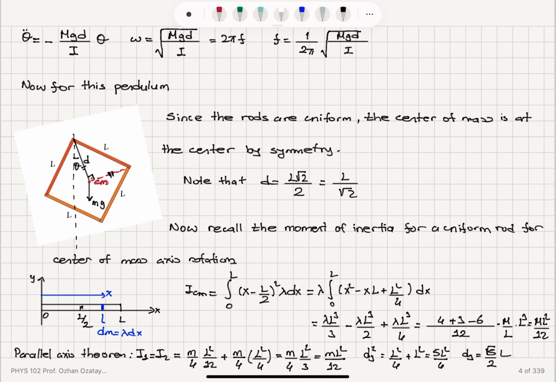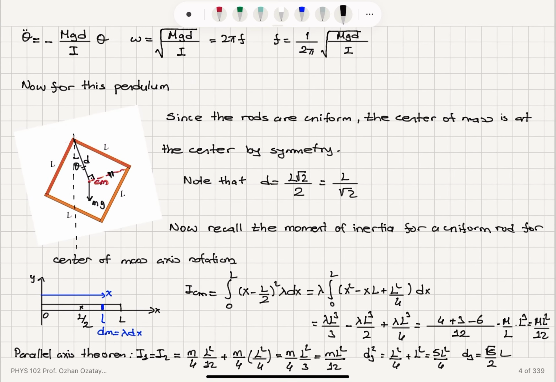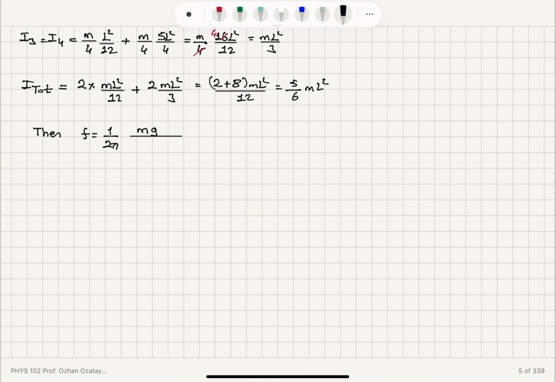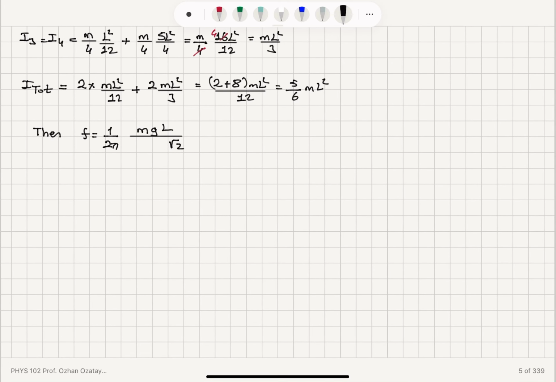The frequency of oscillation is 1 over 2 pi square root of mgd over I. So m is the total mass m, g, and for the distance between the center of mass and rotation axis, we have L over square root 2, mgL over square root 2. And then we have mgd divided by I, where I total is 5 over 6 mL squared.